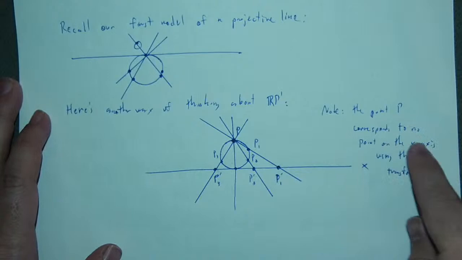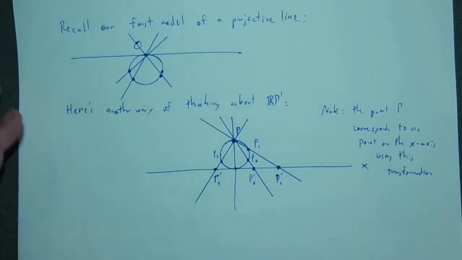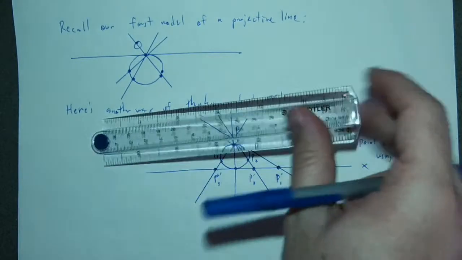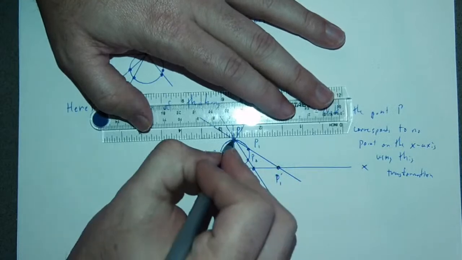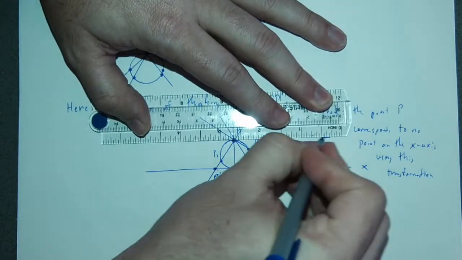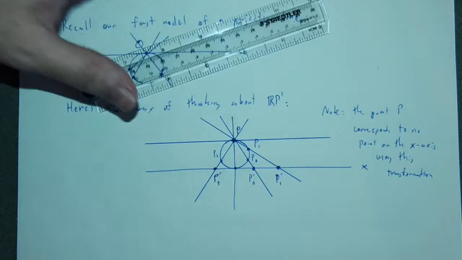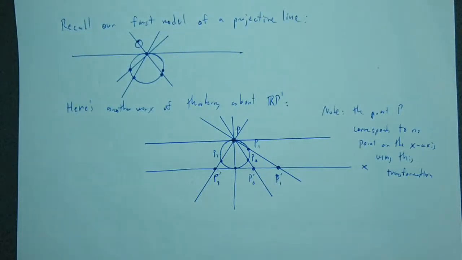So anyway, this point P corresponds to no point on the x-axis using this transformation, because if we tried to draw the line from P to P, what line would that be? Well, it would be this tangent line.